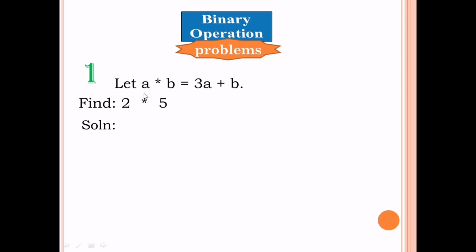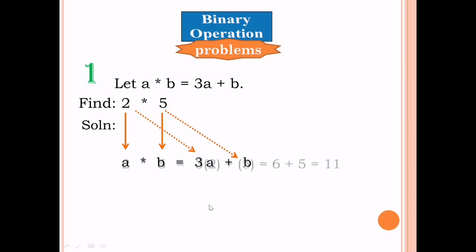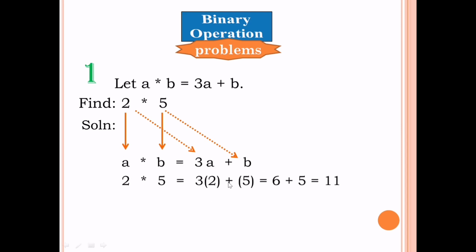A becomes 2, B becomes 5. This is for the A, this is for the B. Now let us substitute all the A by 2 and all the B by 5. So we have 3 times 2 plus 5 equals 6 plus 5 equals 11.